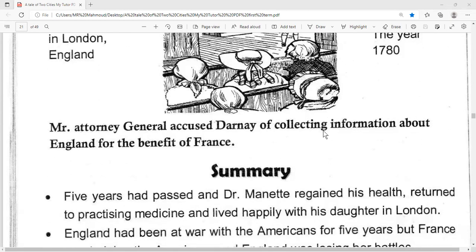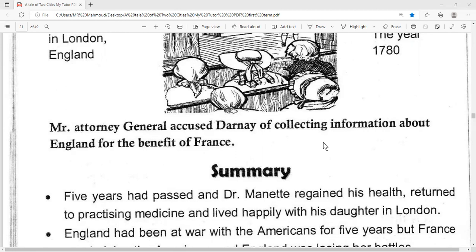Mr. Attorney General accused Darnley of collecting information about England for the benefit of France. I'd like you to know, my dear students, that this chapter is one of the most important chapters in the first term, because we'll see in that chapter new characters.